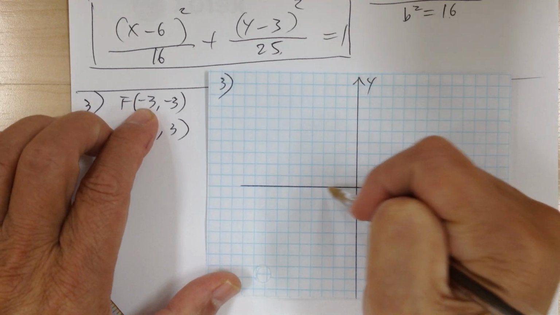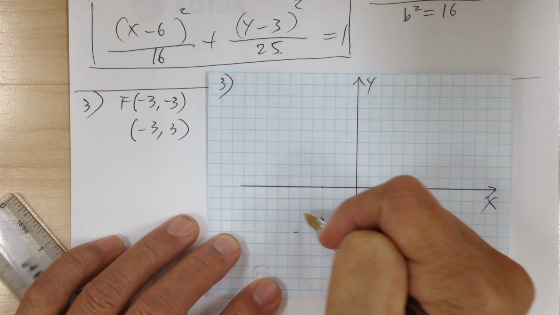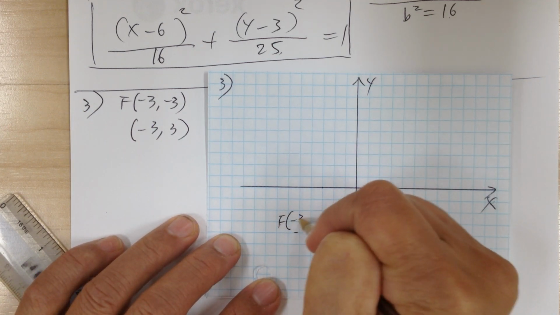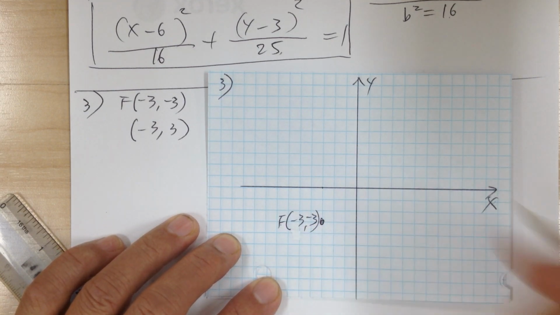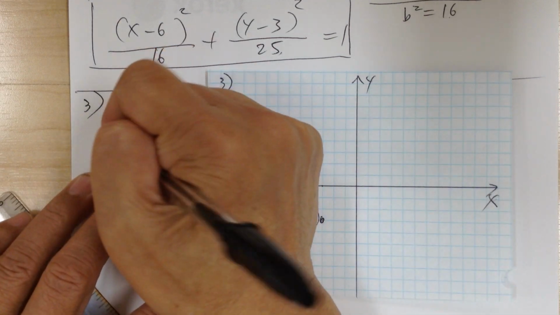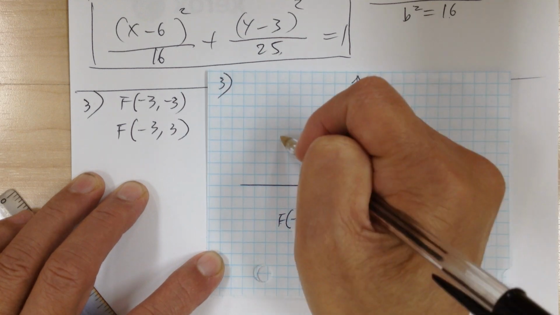The F over here is (-3, -3), and the other F is going to be (-3, 3).